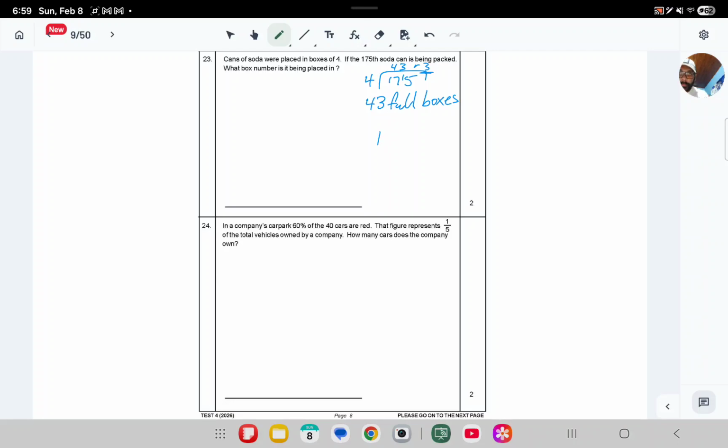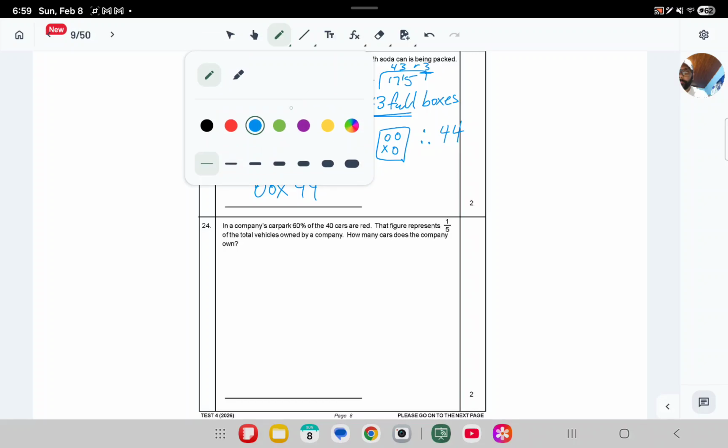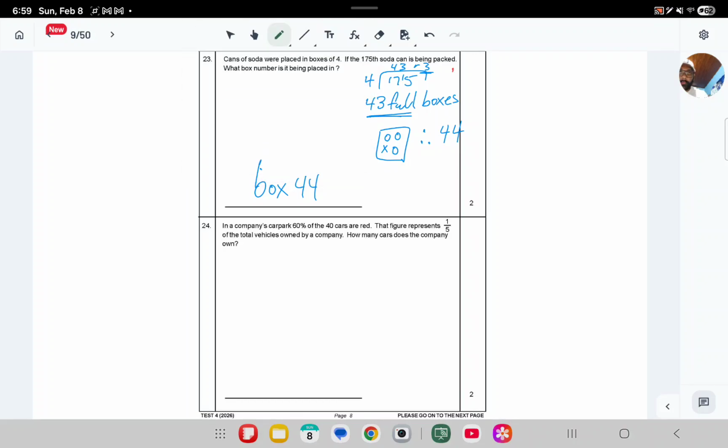So in this other box here, we have 3 in it and we need 4 to make a complete box. So if you have 43 full boxes and a box with 3, that means you are on box 44. One mark for your division, 1 mark for your final answer.